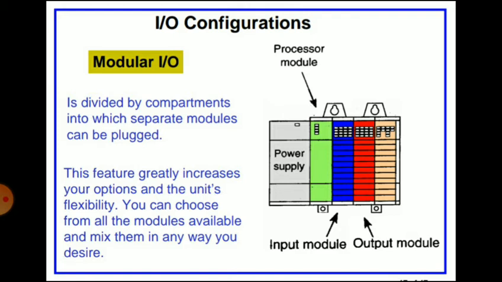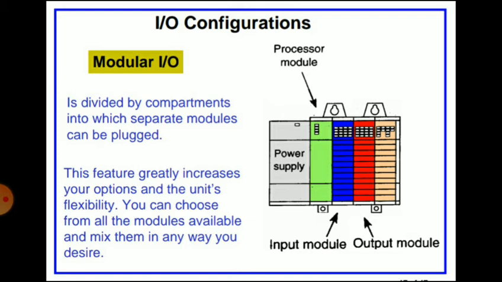The modular input output is divided by compartments into which separate modules can be plugged. So you can see in the diagram at the bottom, there is an input module shown and an output module shown. These are the separate modules divided by the compartments. This feature greatly increases your options and the unit's flexibility.